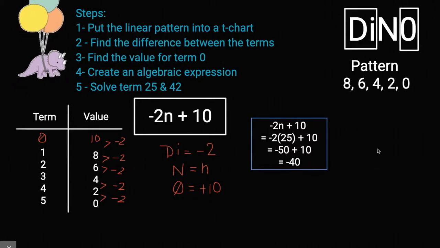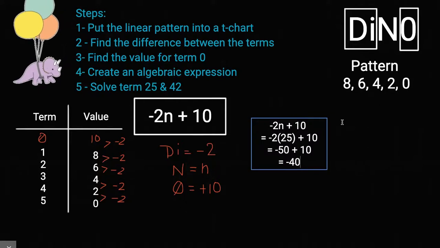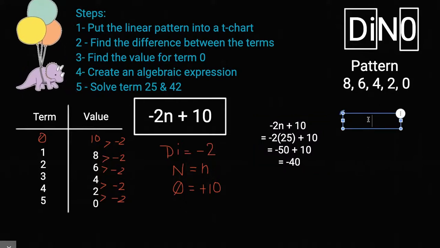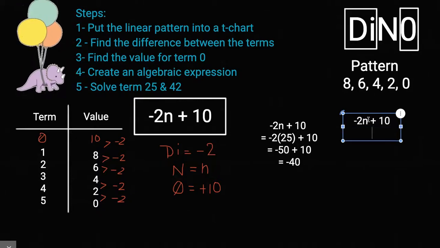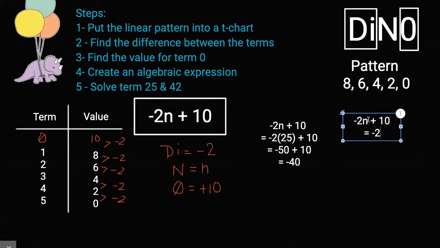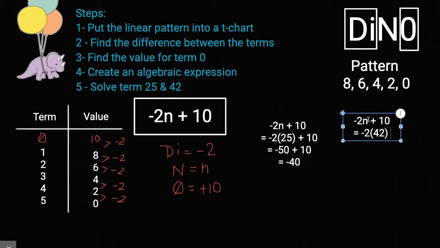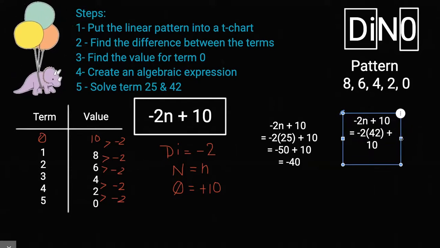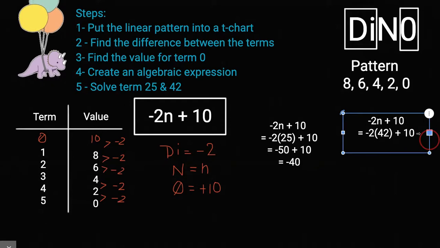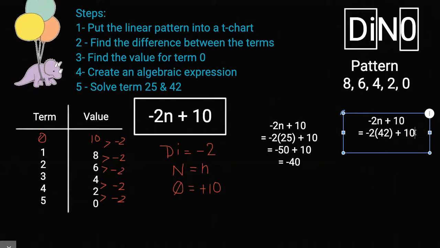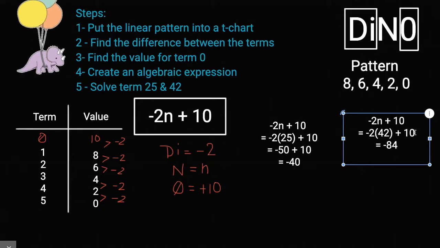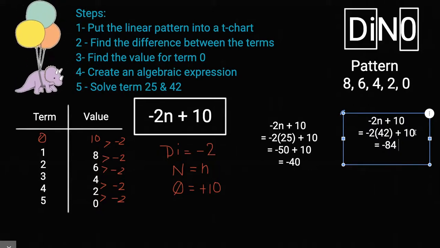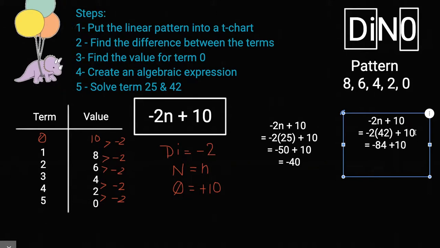Okay. Let's do the next one, which is 42. So again, negative 2n plus 10 is equal to negative 2 times 42 plus 10. So we owe $42 to this one person 2 times. So we now owe them a total of $84. Owing is negative, so negative $84 plus 10. And then I have $10 in my pocket, so what's my total?